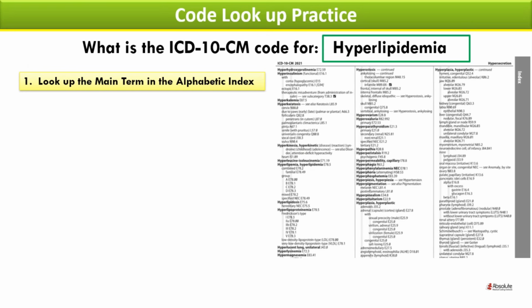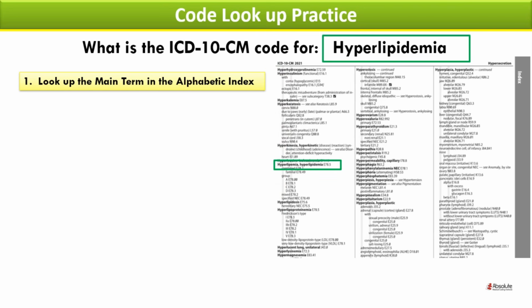Your index is in the front of your ICD-10-CM manual. Typically, they're blue or black pages, and you'll see the word index. Alphabetic index and index are used interchangeably. Your terms are in alphabetical order, so let's get started. We're turning to the H section, and we're going to search for our term.